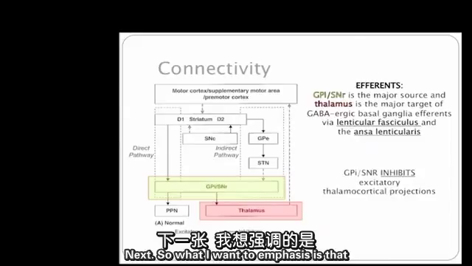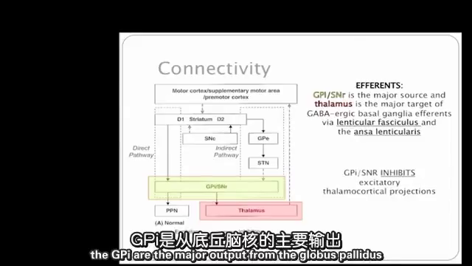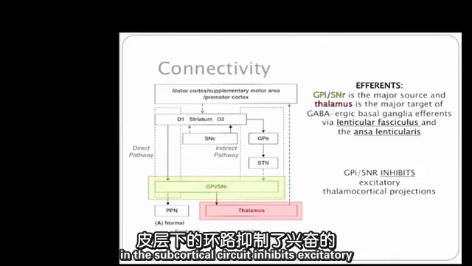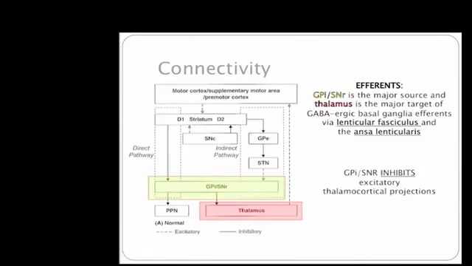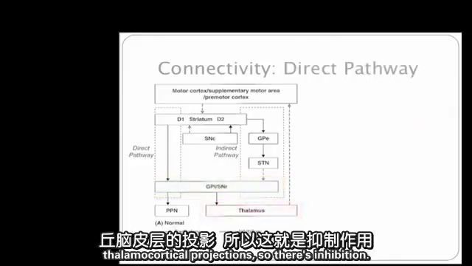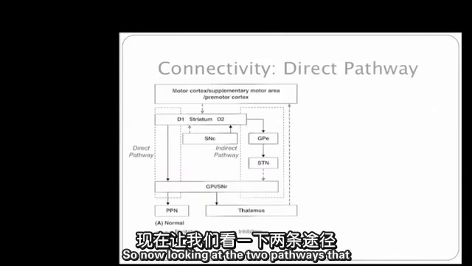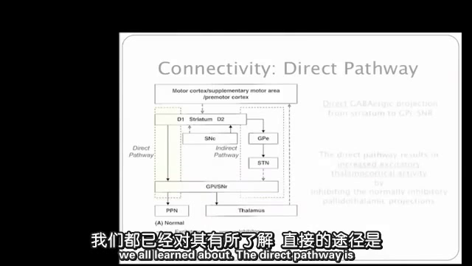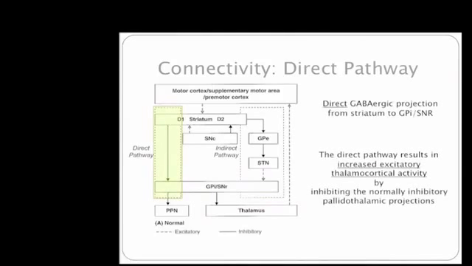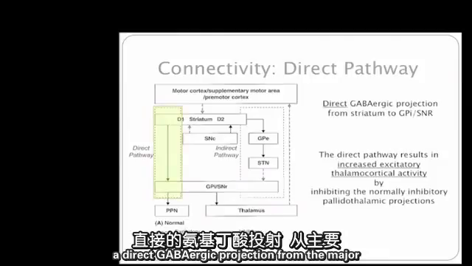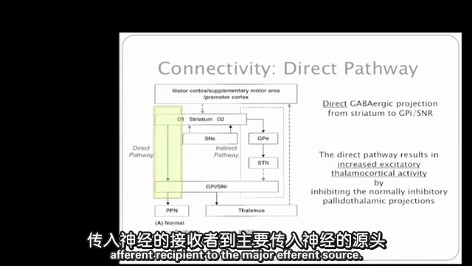What I wanted to emphasize is that the GPI, or the major output from the globus pallidus, so the subcortical circuit, inhibits excitatory thalamocortical projections. So there's an inhibition. So now looking at the two pathways that we all learned about, the direct pathway is a direct GABAergic projection from the major afferent recipient to the major efferent source.